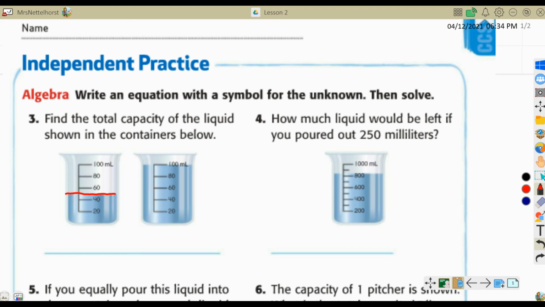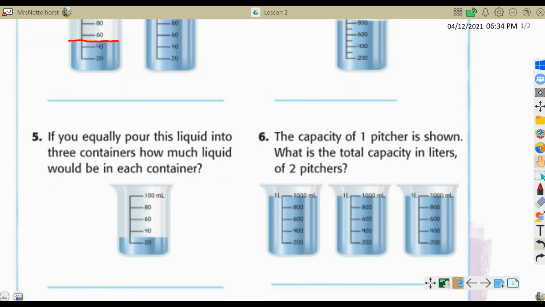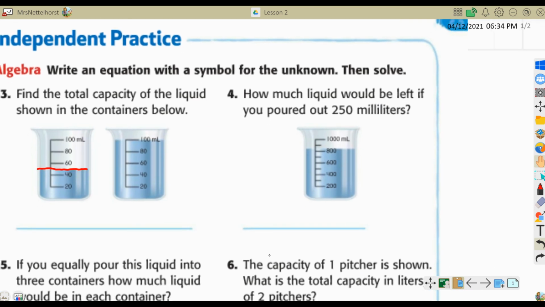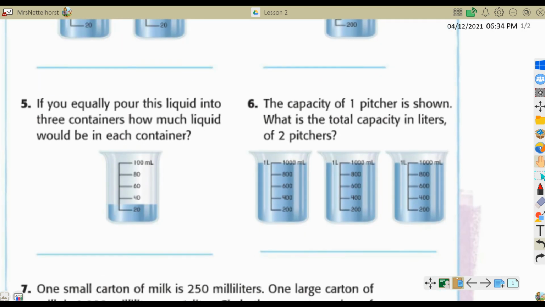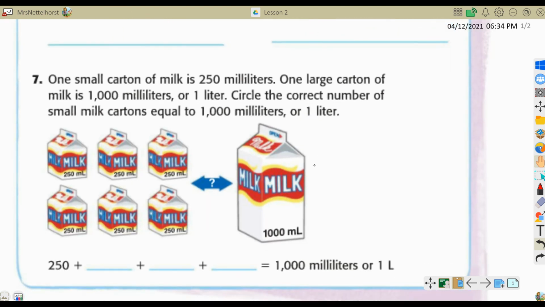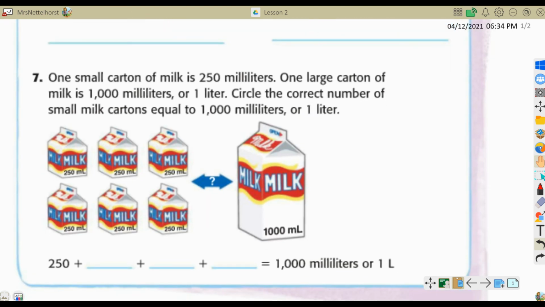Your job is to figure out what that is, then use it in your equation, and then tell what the unknown is. Let's see what else. So you're going to write equations for each of these. And then you have a problem down here, and you're going to fill in the blue blanks.